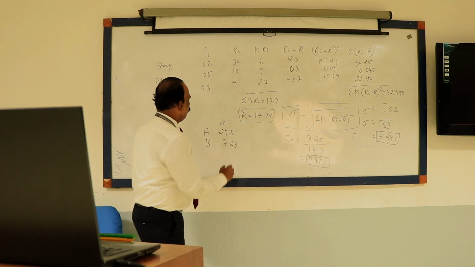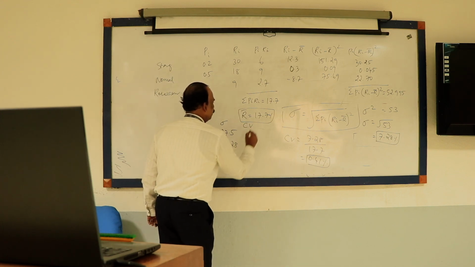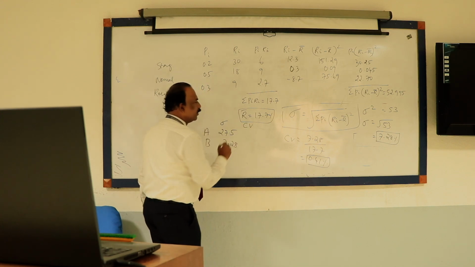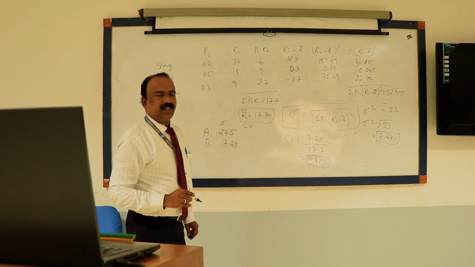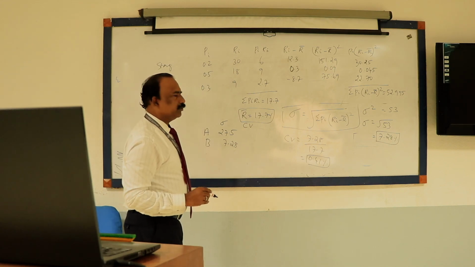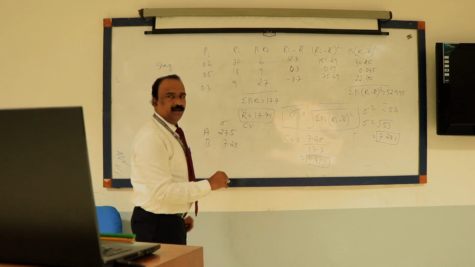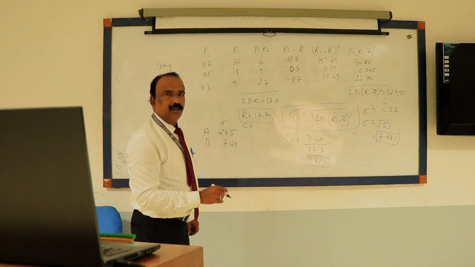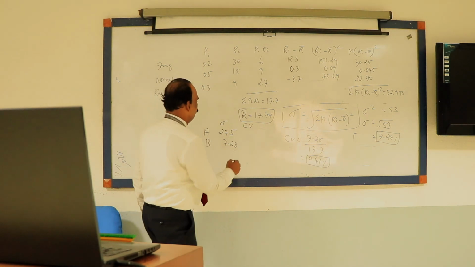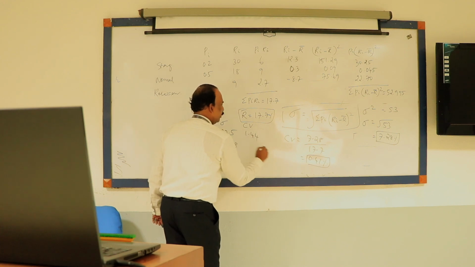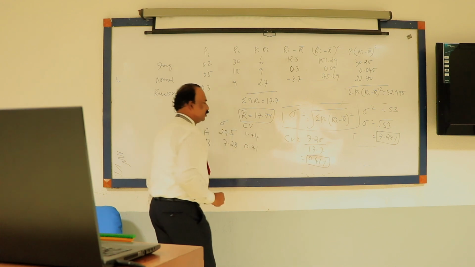The coefficient of variation for stock A was 1.44, and here it is 0.41.